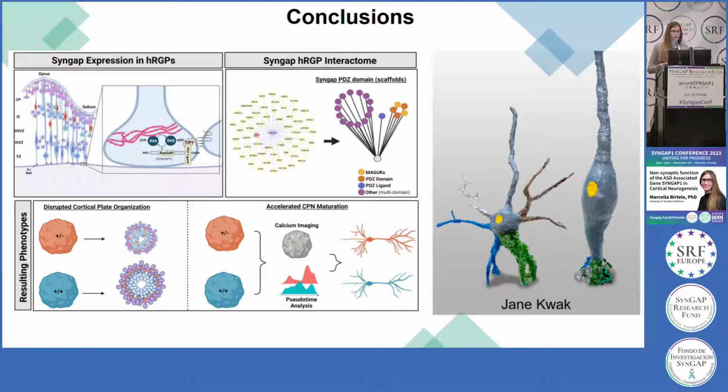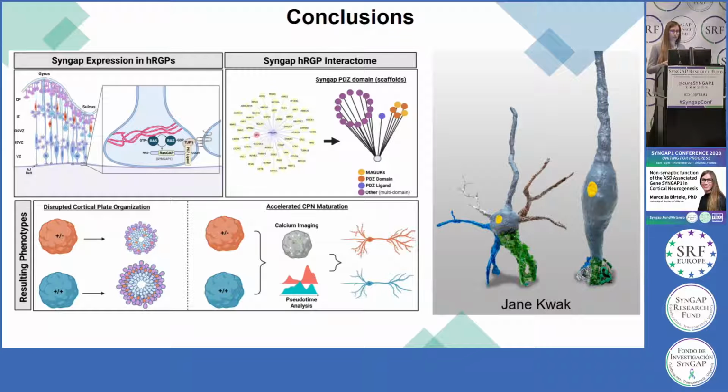So just to conclude, we showed a novel function of Syngap in human radial glia progenitors. And with haploinsufficiency for Syngap, we see a disruption in the cortical plate organization as well as in the ventricular maintenance. And this is coupled also with an accelerated neuronal maturation.